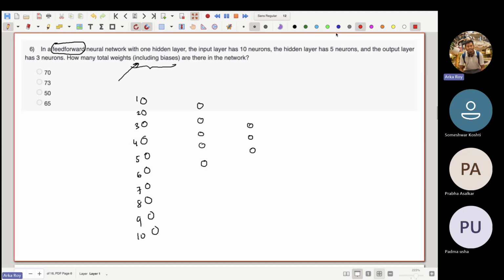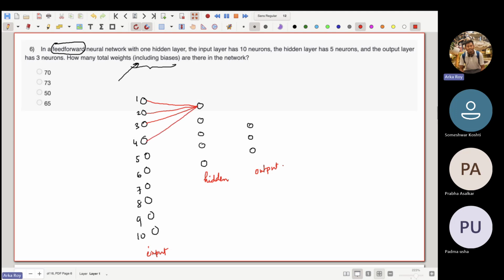I will show it for a single neuron, and then I will generalize it. Now, we have already said that this is the input, this is the hidden, and this is the output layer. We already know that a neuron in the coming layer is connected with all the neurons from the previous layer.